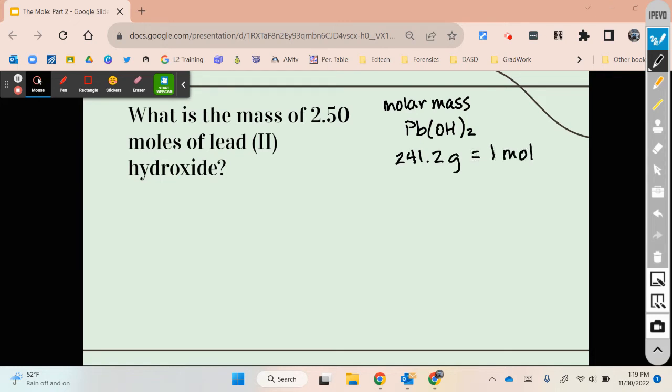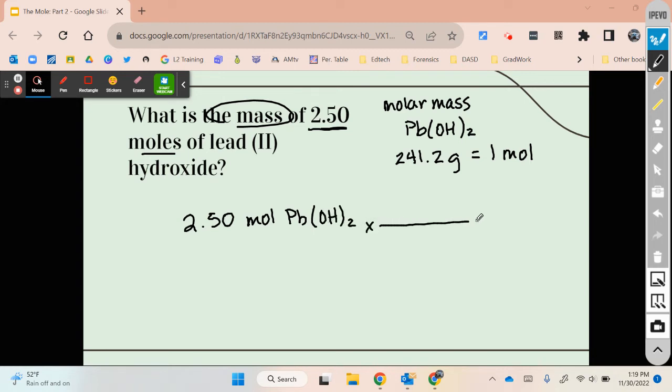Okay. This problem is telling me that I have 2.5 moles, and I'm trying to figure out how heavy that is. So if I know that I have 2.50 moles of lead hydroxide, and I know that 1 mole of lead hydroxide weighs 241.2 grams, I can just multiply these two values.